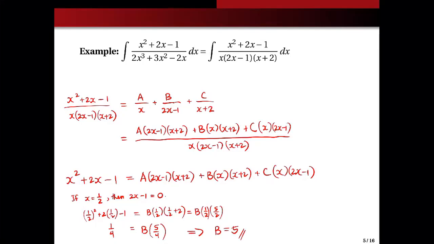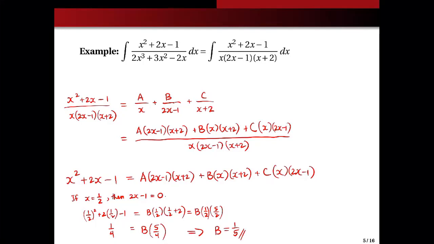Sorry, it's not 5. B equals 1/5. Question so far? So we got our B.